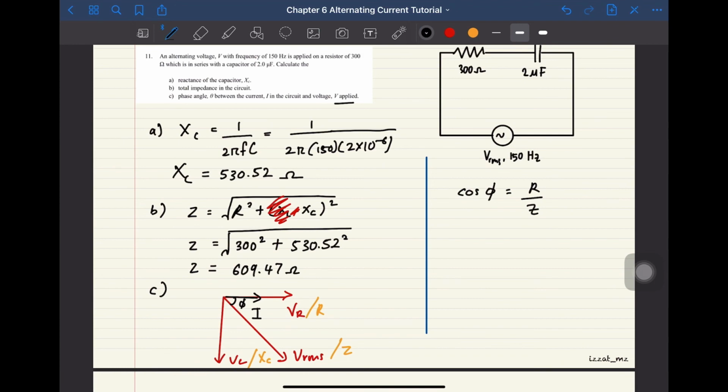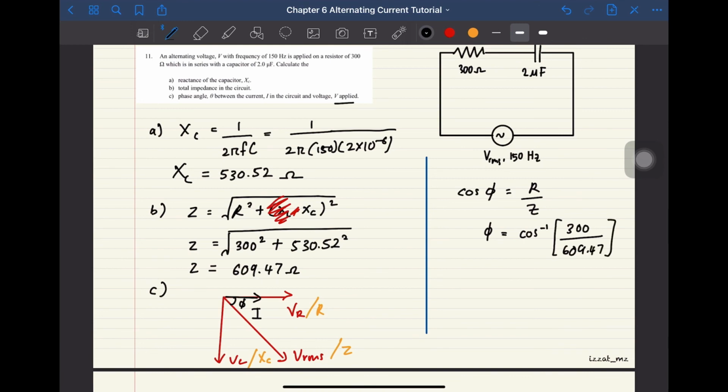Okay, so even if you are not able to draw this one, at least you can memorize this: cos phi equals R over Z, and in this case the question wants to find the phi. Resistance is 300, Z is 609.47.